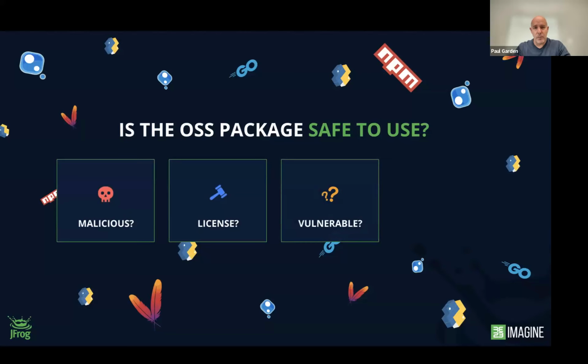We can also look to help eliminate packages coming in that have critical or high severity CVEs. And then we can also look to help them make sure what they're bringing in is maintained well. It's not very young and very new and untested, or very old and unmaintained and maybe somewhat out of date. So that's what we're looking to do. Curation helps people make the decision of, are these packages safe to use?